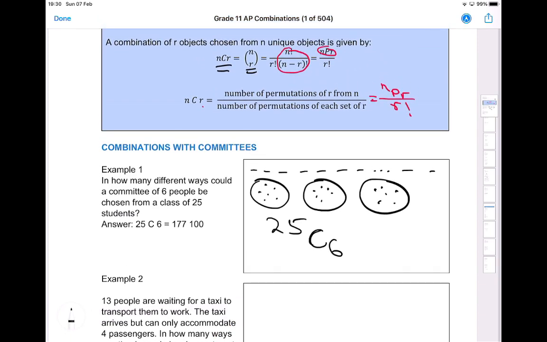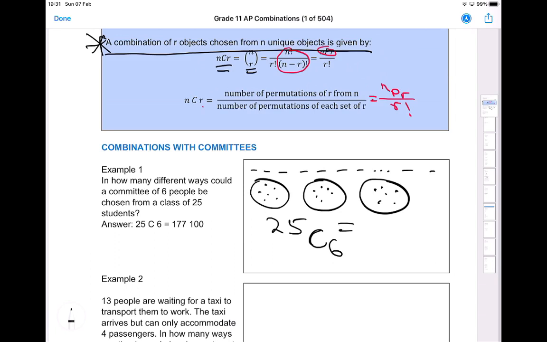We said a combination of r objects chosen from n objects is given by that formula. So this is exactly what we are doing. We're looking for a combination of 6 students chosen from a group of 25. So the answer is 25C6.